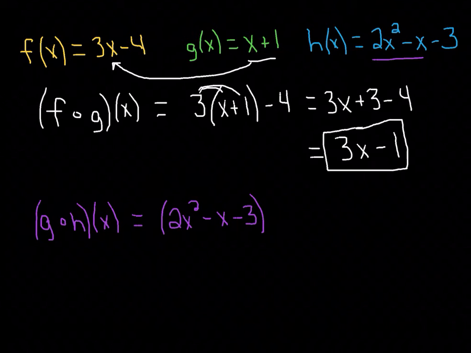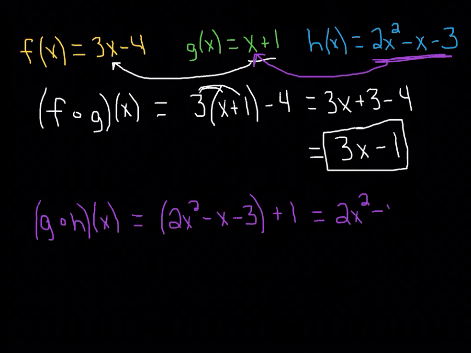So I'm taking all of this right here, and I'm plugging it in right there to that value. And then I still have the plus 1 at the end. Now, when you do this, you're just going to get 2x squared minus x, and negative 3 plus 1 is negative 2. So you get 2x squared minus x minus 2.